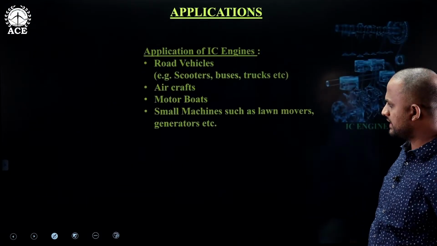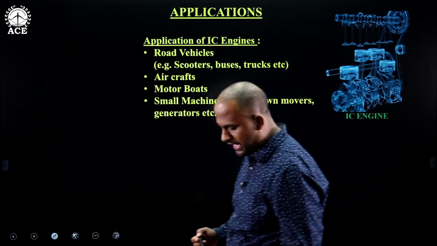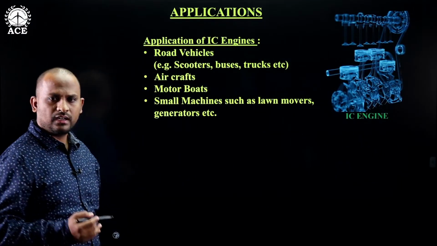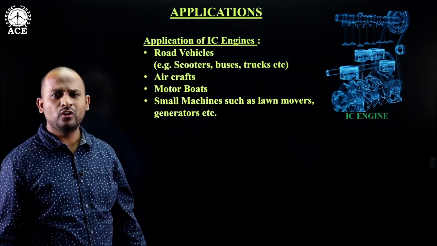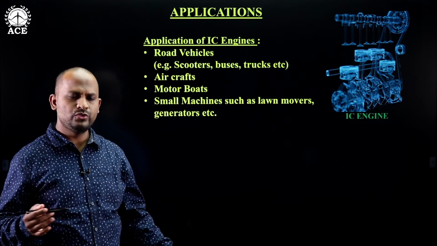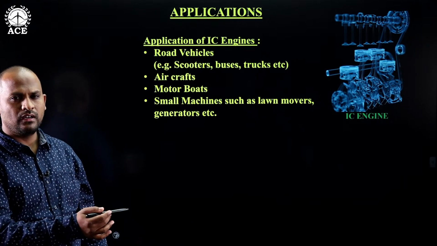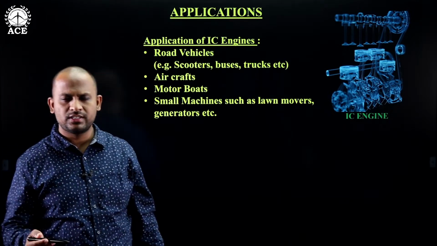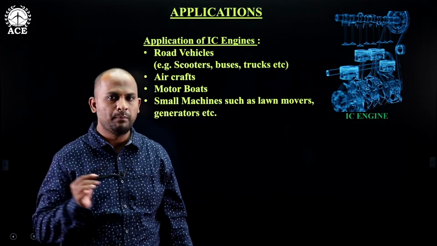Now let us see the applications of the IC engines, gas turbines and the compressors. First, let us start with the IC engines. We all know that IC engines are used in our daily lives for various purposes, like automobiles, in buses, cars, trucks, for automobile propulsion.